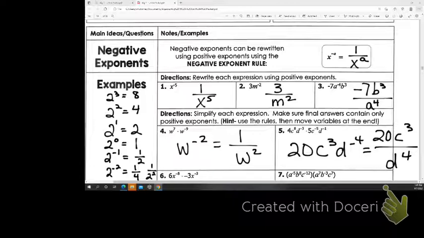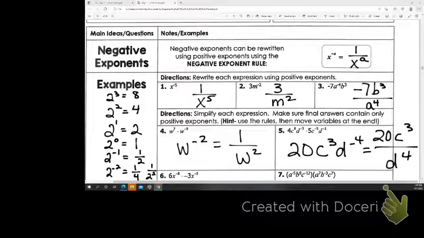Negative 7, this is there to test you, that's a negative number. That's a coefficient. This rule is for negative exponents. The negative 7 doesn't have a negative exponent. He stays up top. The a has a negative exponent, so he gets moved to the denominator. Now his exponent is still there, but now it's positive. And the b had a positive exponent, so he stays up top with the 7.